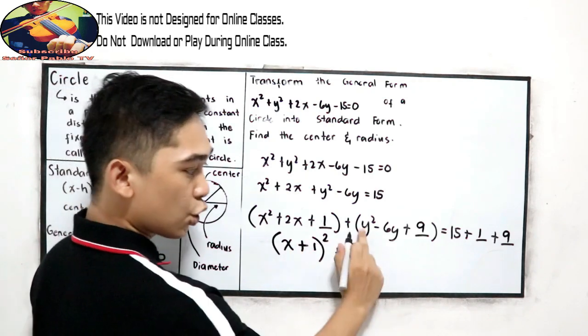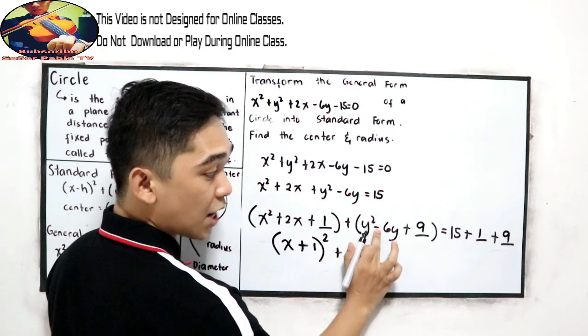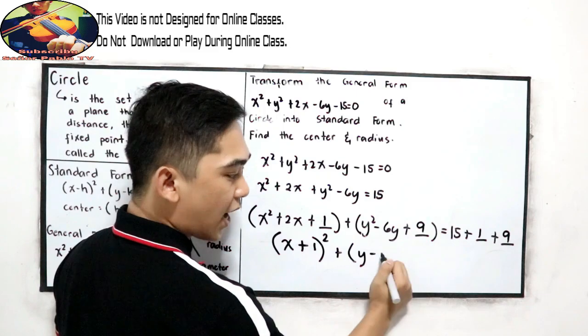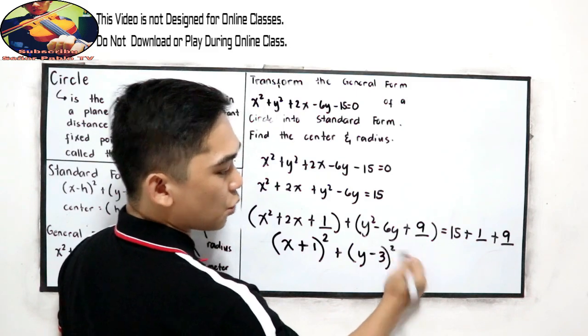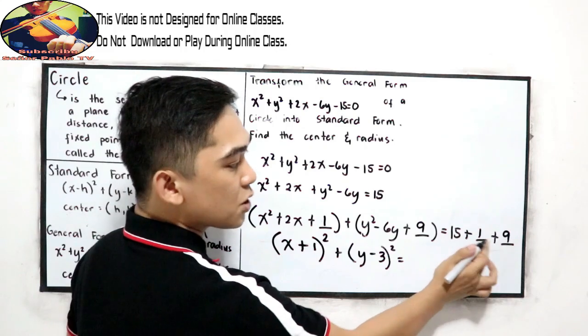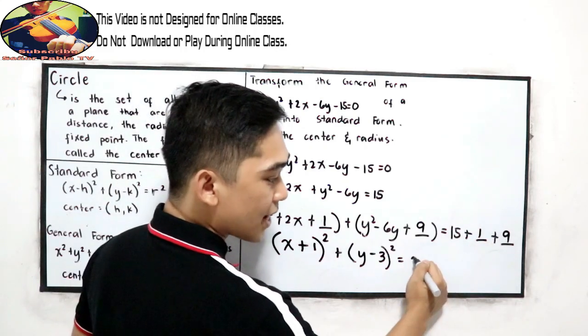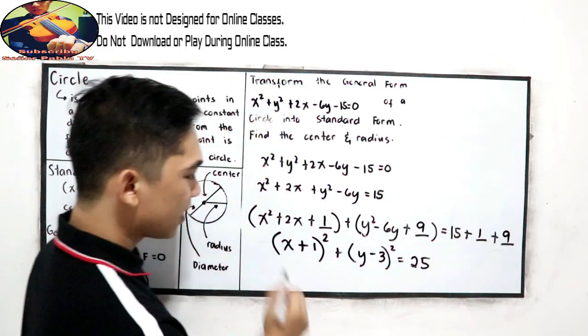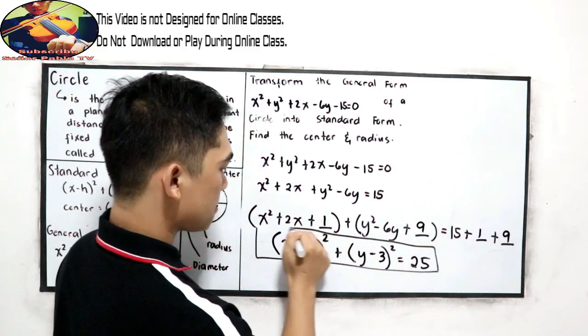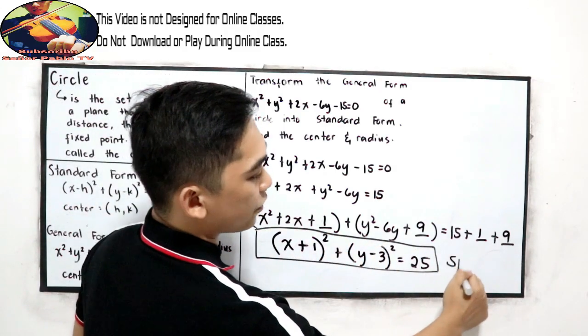Plus y, sign of the middle term, minus square root of 9, which is 3, squared. Is equal to 15 plus 1 plus 9, that is 25. This is now our standard form.